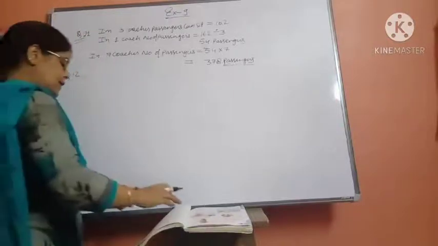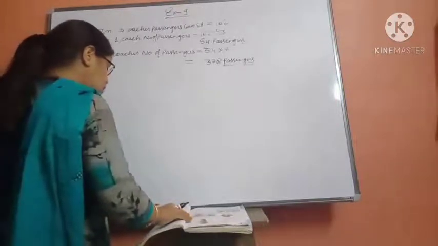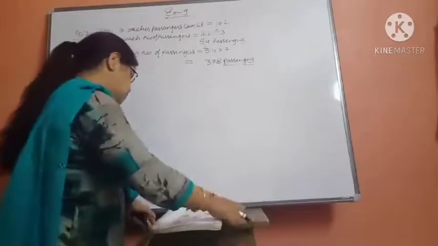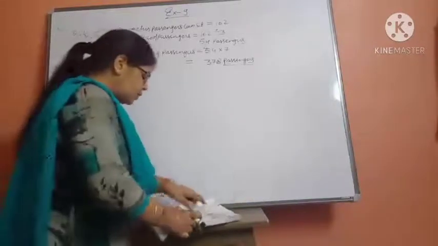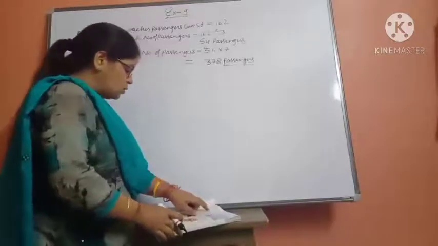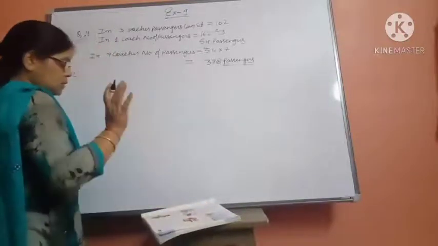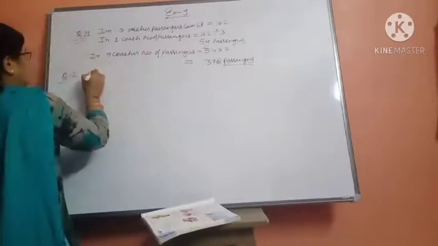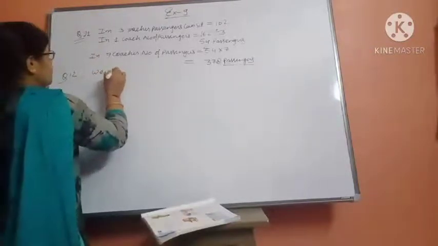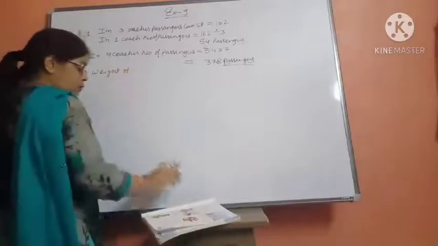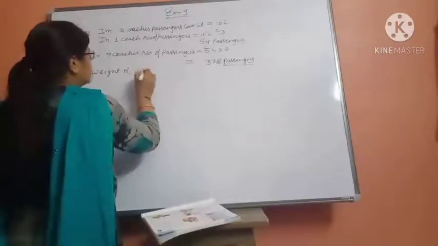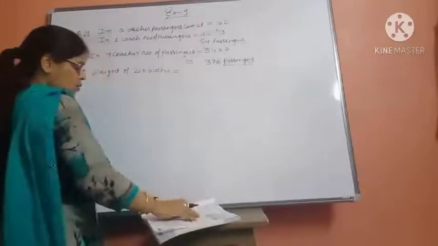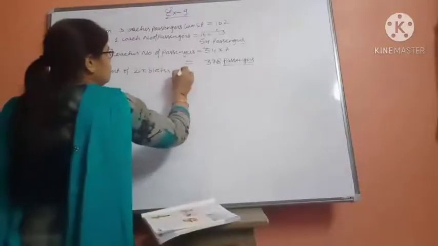And what is that? The total mass of 200 concrete blocks is 1460 kg. Okay, the weight of how many blocks? 200 blocks will be equal to how much? 1460 kg.